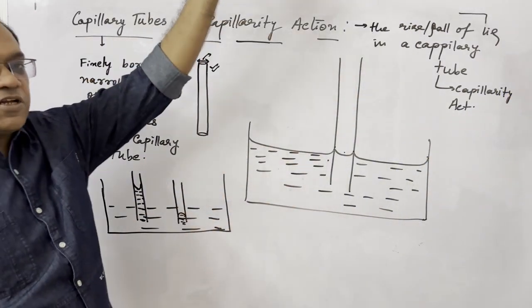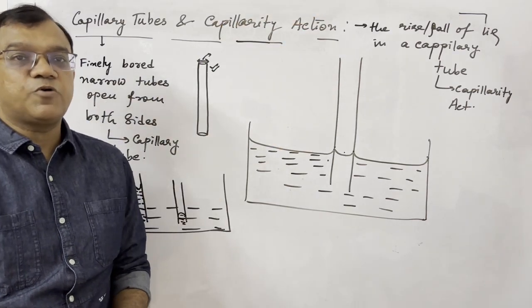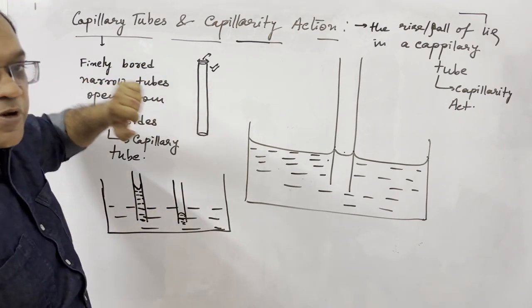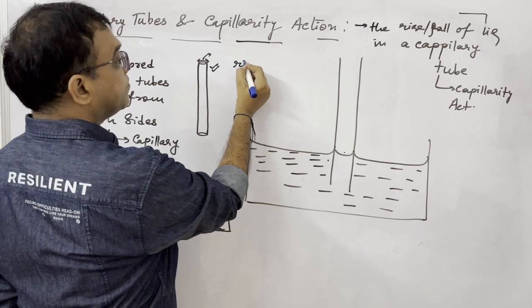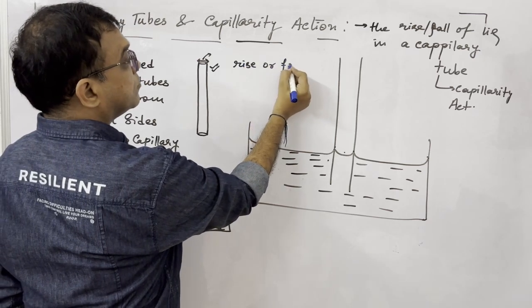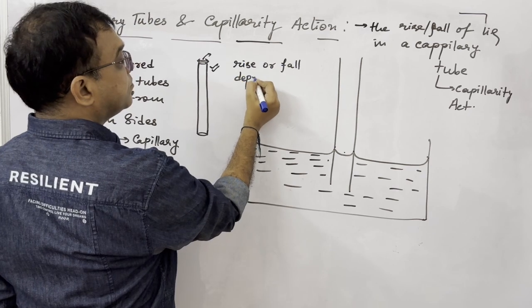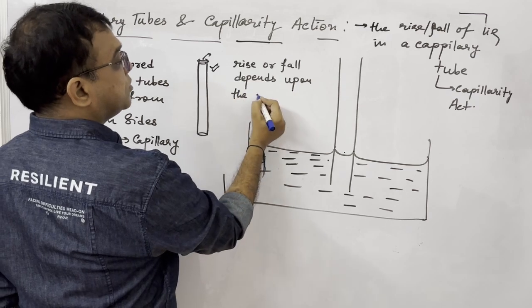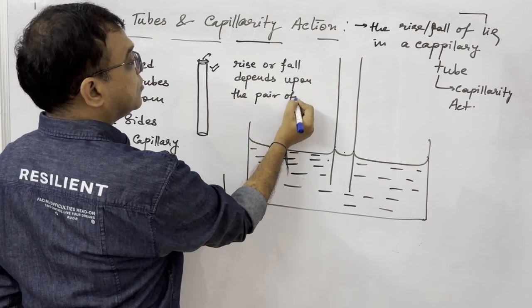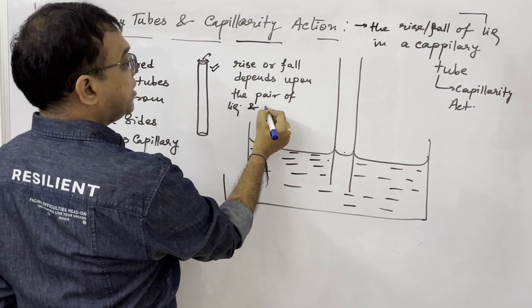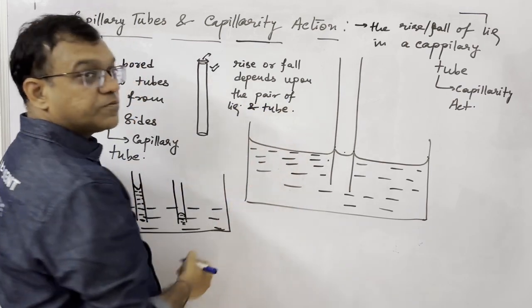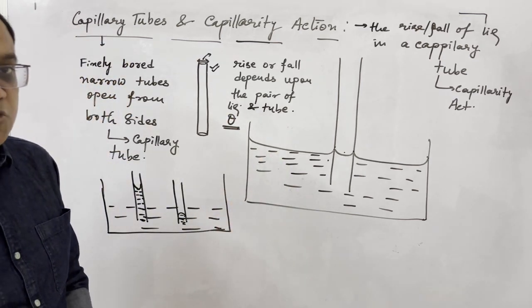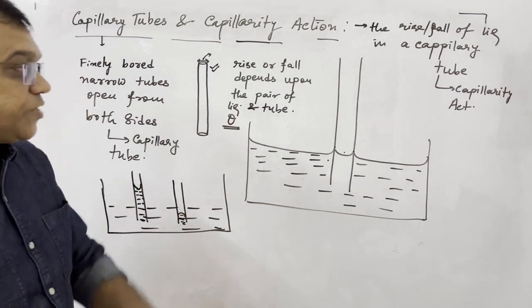The liquid will rise in the tube or fall in the tube. It depends upon the nature of the material of the tube and the liquid. So rise or fall depends upon the pair of liquid and tube, meaning what the tube is made of, and it also depends upon the contact angle of this pair.